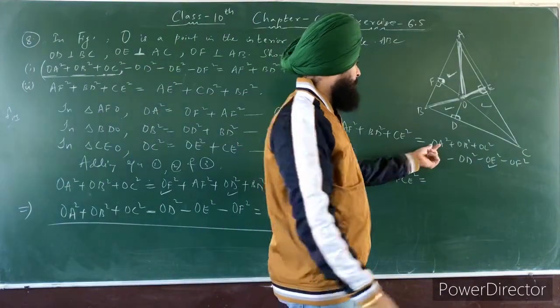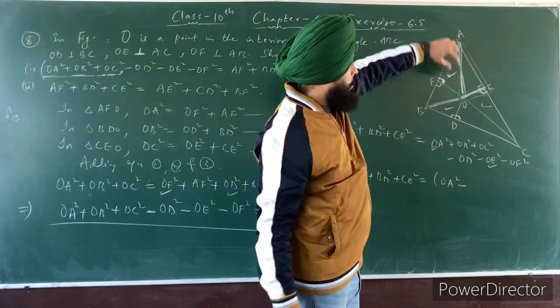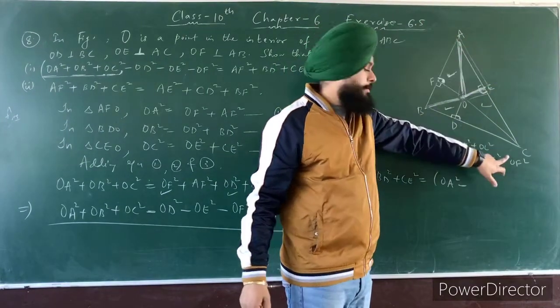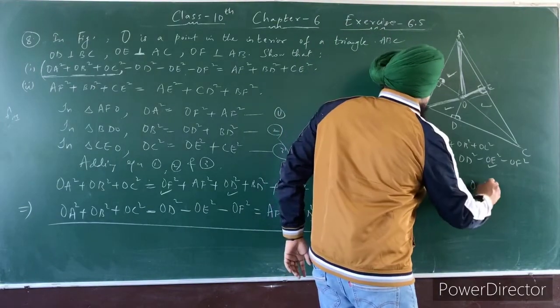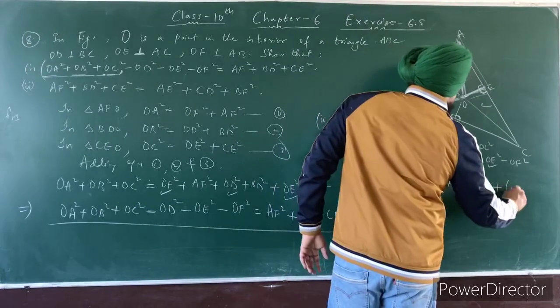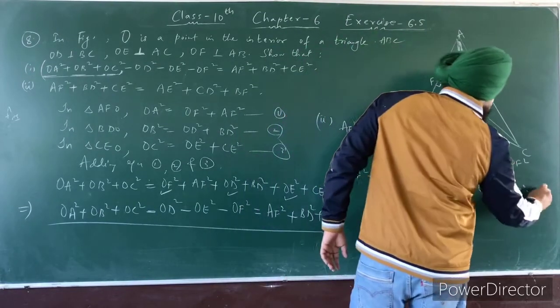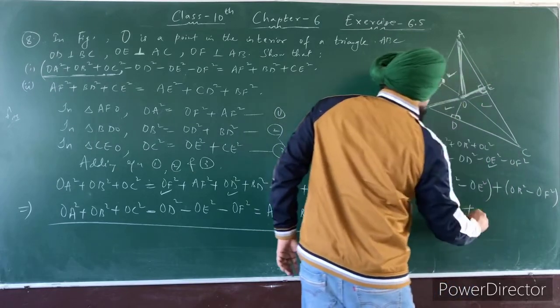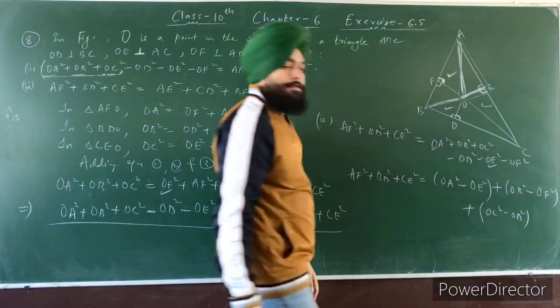Now next step, we will pair OA square with which term? OA square minus OE square. Next we will take OB square with which term? OF square. And the last is OC square minus OD square.